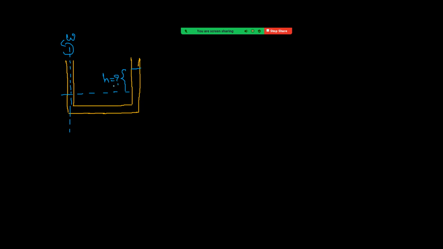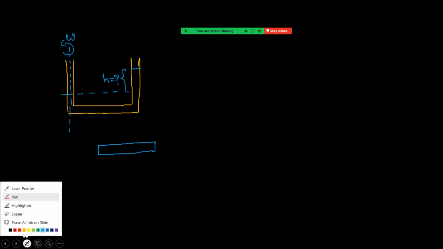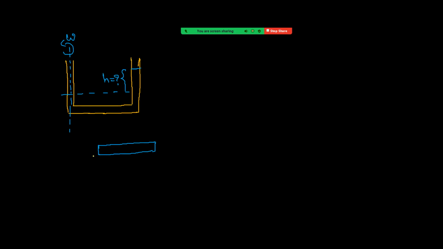Let us see how to start. So here it is now rotating. Again, focus on the liquid column in the horizontal part. I am drawing here. This is the liquid column in the horizontal part. Now this part is rotating about its one end. It is just like a rod rotating about one of its ends like this.